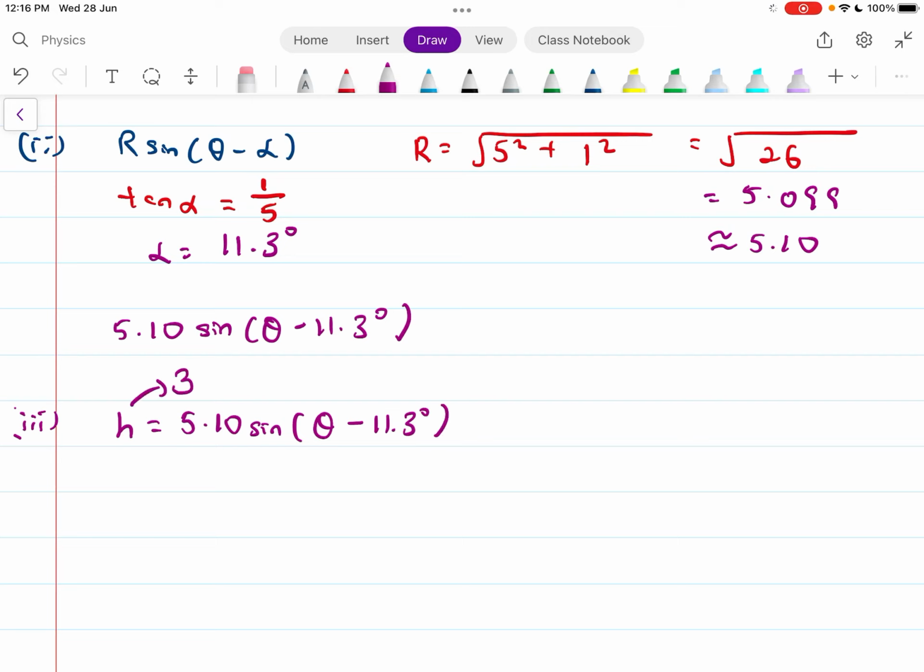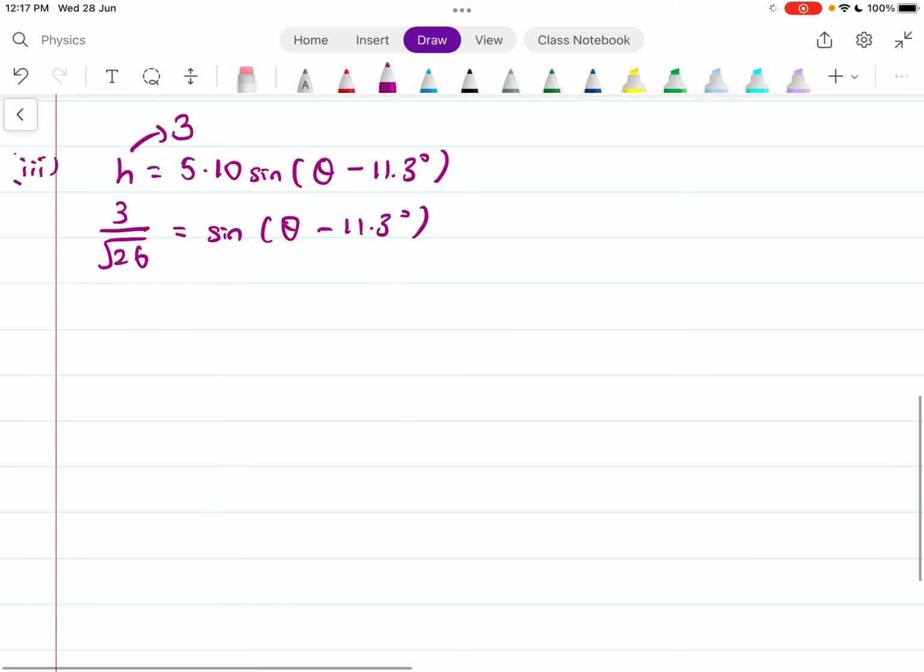Then you simply manipulate. To make it more accurate, I use the intermediate step, because 5.10 is a rounded off answer, so I try not to use that. So I just use square root 26 times sine (theta minus 11.3 degree) equals 3.